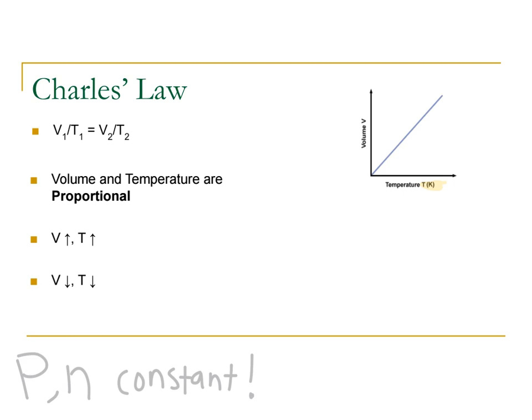We wouldn't say something like that because there's no direction on the volume. Actually, pressure is an absolute scale too. Pressure is measuring the collisions that the particles have with the walls of the container, and it also wouldn't make sense to say, well, there are -8 collisions with this container. So we do need to make sure that we're using the absolute scale, which is the Kelvin scale.